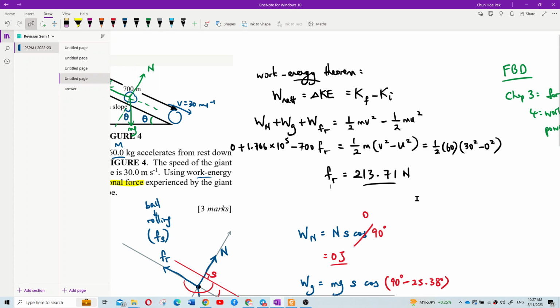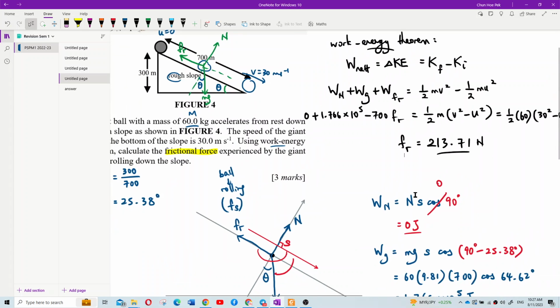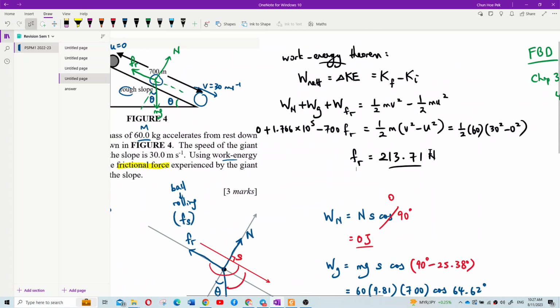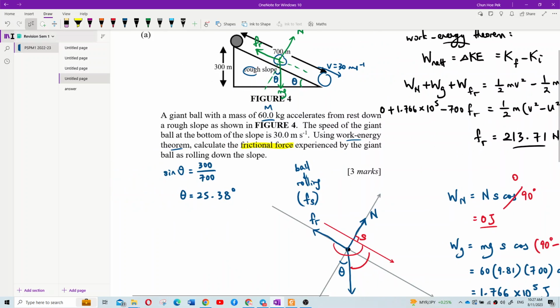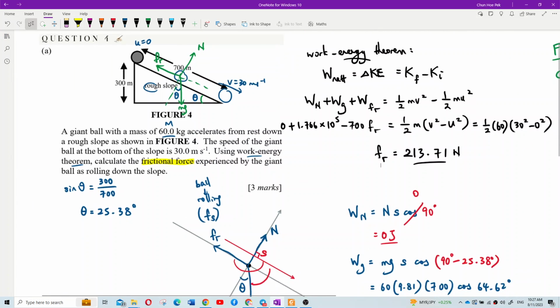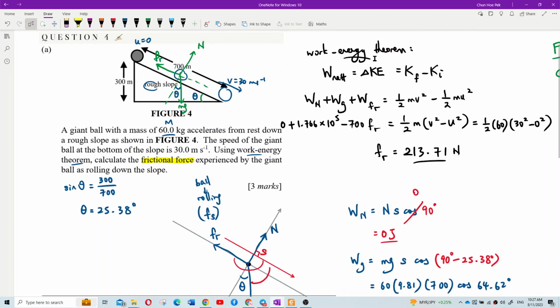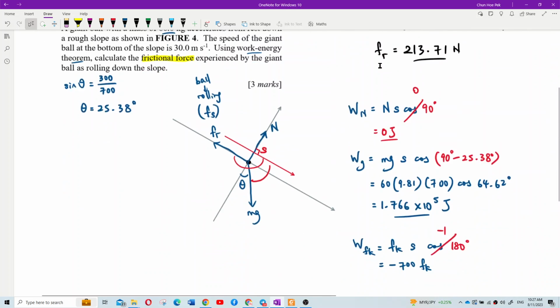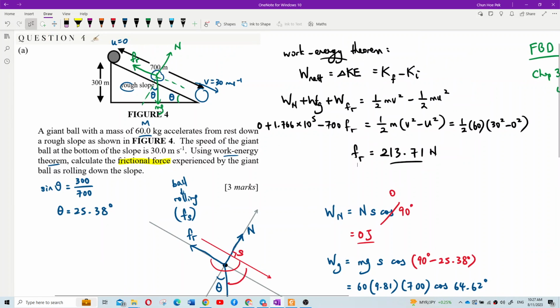Okay. Anyway, class, I want to show you that this is one way of doing. You can also do it by the work energy theorem. The work done by gravity is actually just mgh. Do you know that?